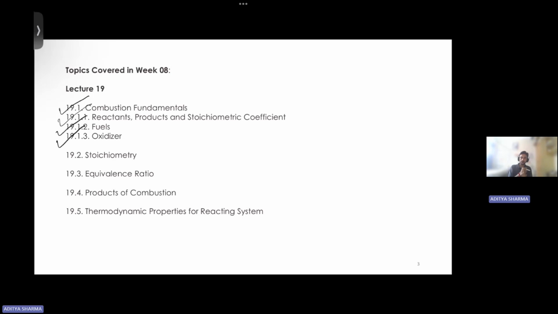So this fuel will burn, and to combust the fuel we need an oxidizing agent, or oxidizer.